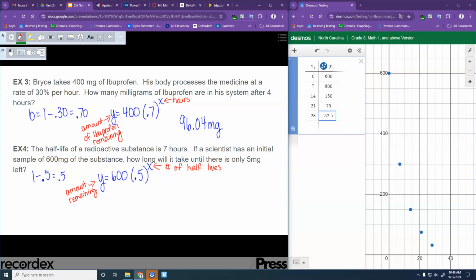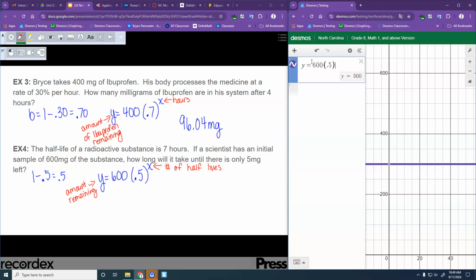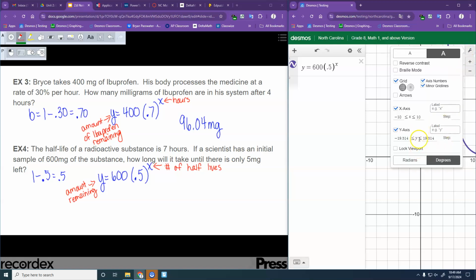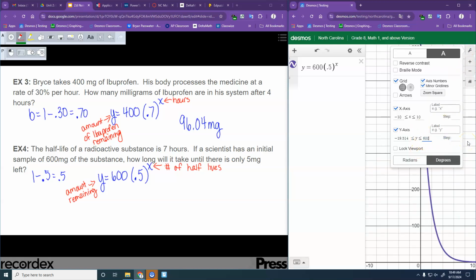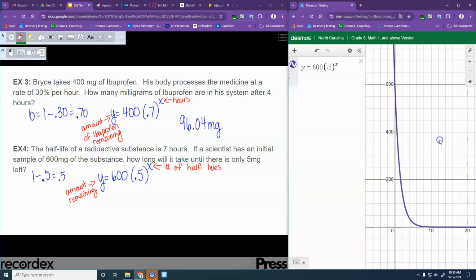All right, so if we look at this problem, if I graph it, y equals 600 times 0.5 to the x value, I'm going to change my window and change that to 600 here, okay? So you can see that this is dropping here, okay?